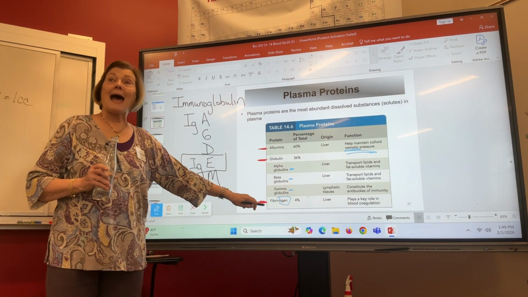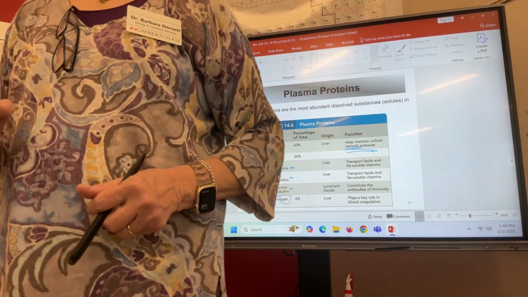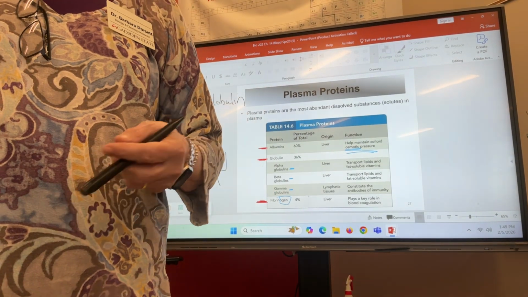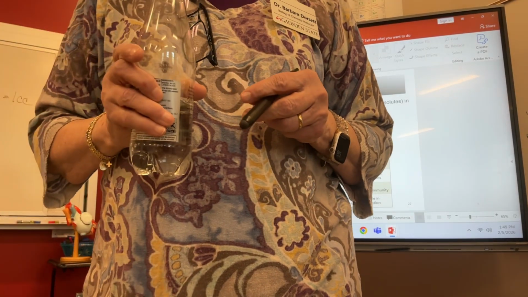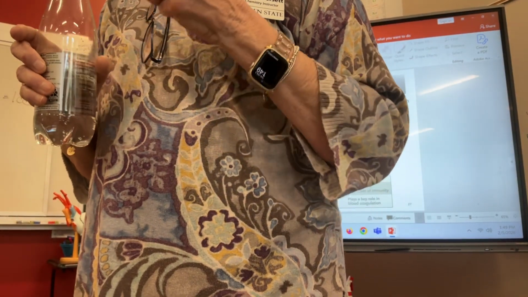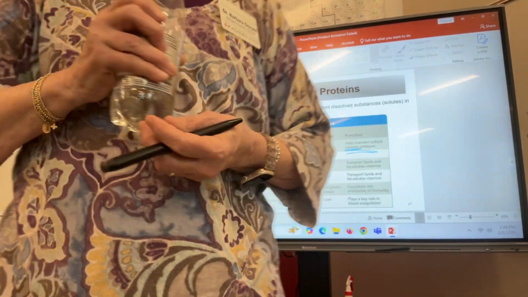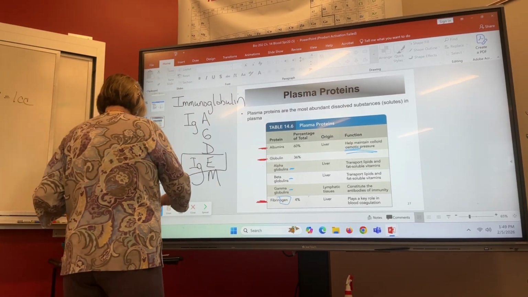Fibrinogen, when it is activated, becomes fibrin. So you're saying, okay, yay. Fibrin is the clot. It is the blood clot.